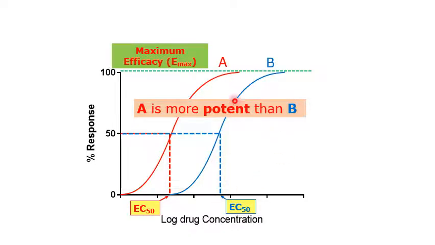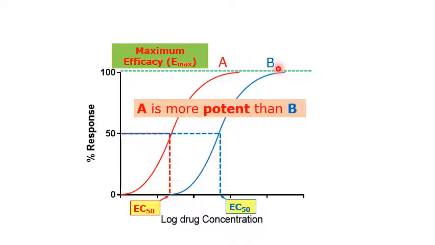But both of them can produce the same maximum effects. This is called the Emax, or the maximum efficacy. Even though we need more concentration of B to produce the maximum effect, still both A and B can produce the maximum effect despite the differences in concentrations required to produce that effect.